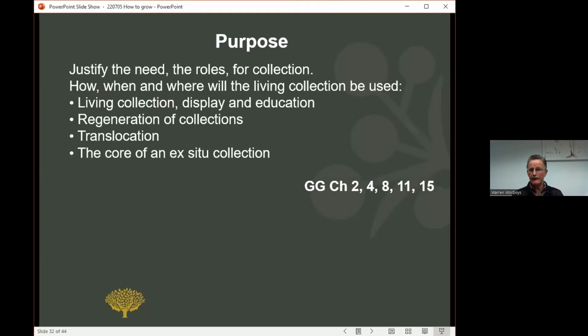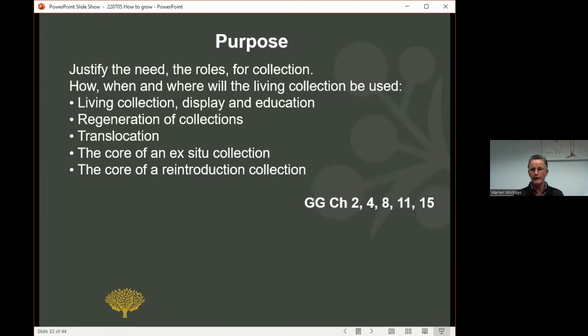It could be the core of an ex situ collection, and this is becoming more popular with climate change threats occurring in a lot of natural habitats. Ex situ collections are being established where they can be managed more closely than translocating to natural habitats where they're out of view of regular monitoring.